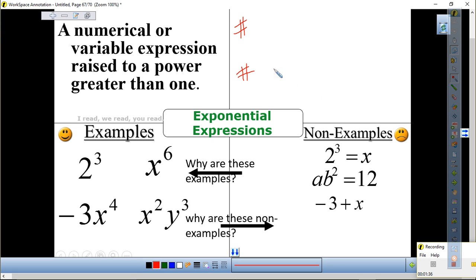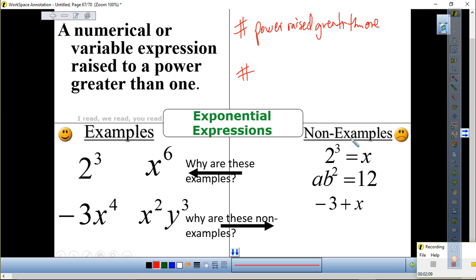Okay, who has one? Yes. Power raised greater than 1. Okay? It's a good hashtag.